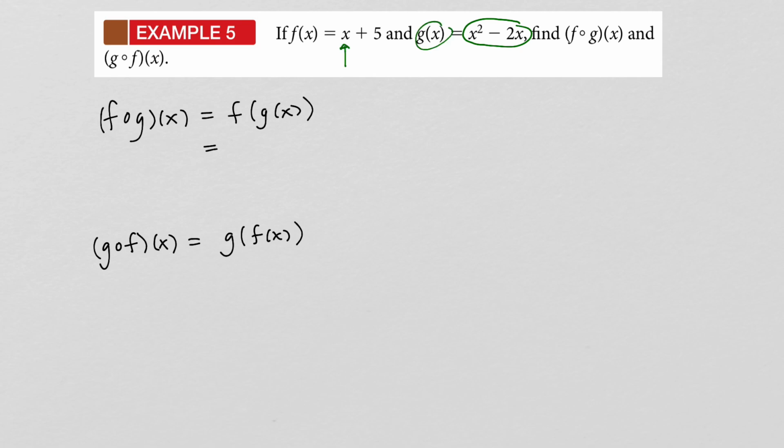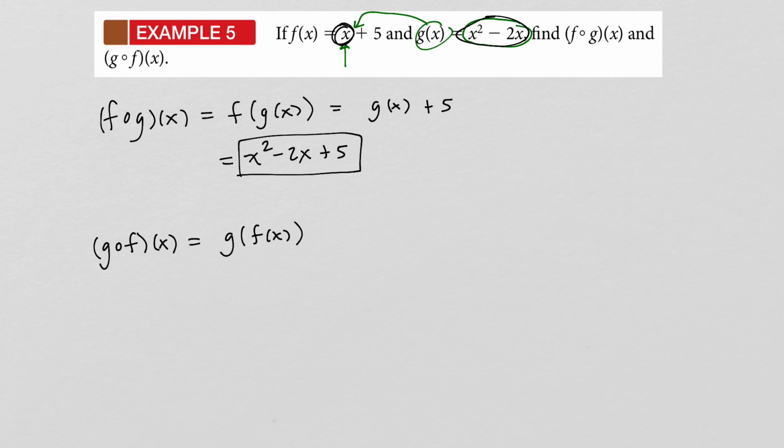So quite literally, we're taking g of x and putting it in here. So this is simply going to be g of x plus 5, right? If I plug g in for x there, that's what we get. But we know g of x is x squared minus 2x. So this becomes x squared minus 2x plus 5. And this is the function f of g of x.